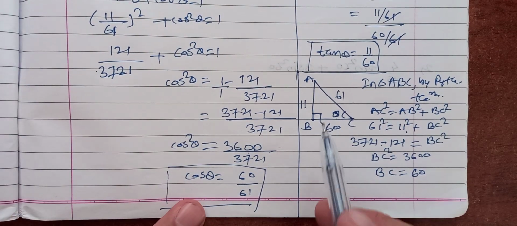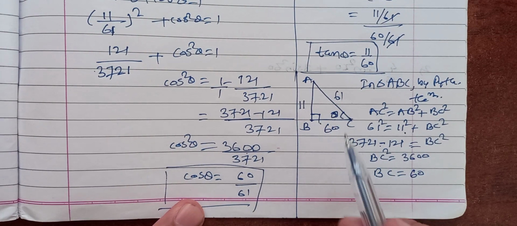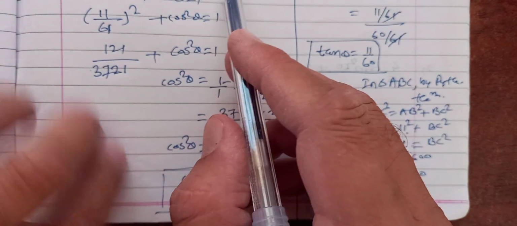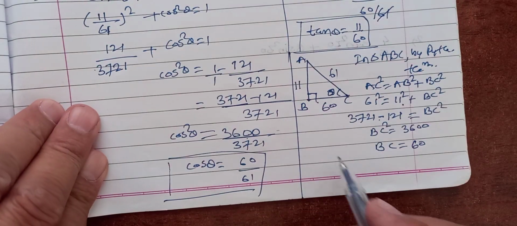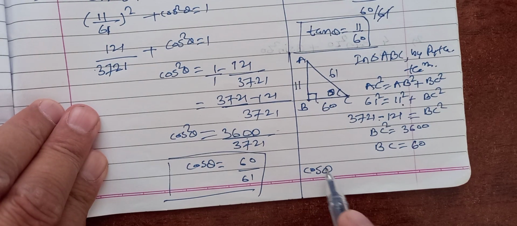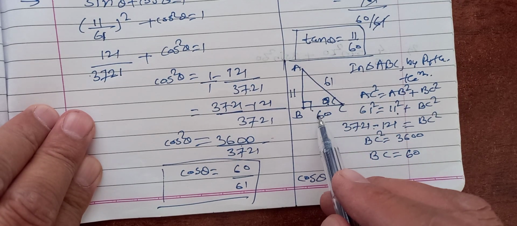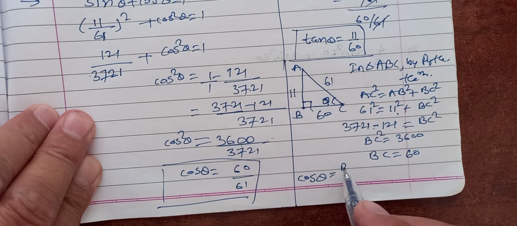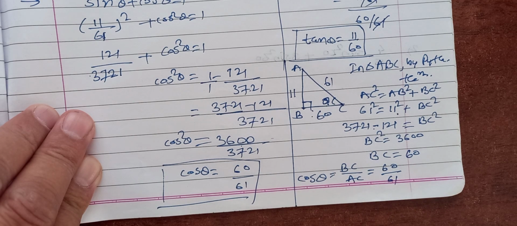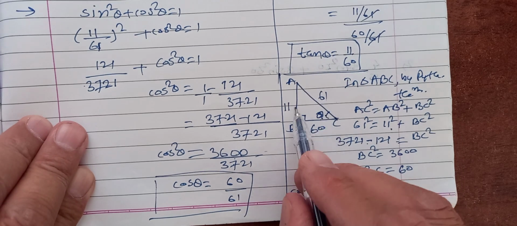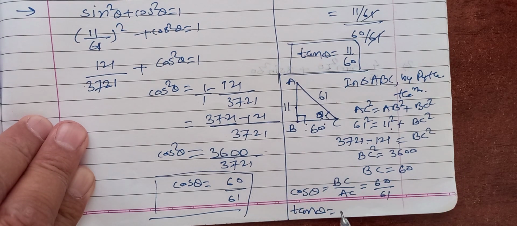So easily we can find any ratio from this triangle. Now we want what? Cos theta and tan theta. So using this, to find cos theta means adjacent upon hypotenuse, BC upon AC. What is BC? 60 upon 61. Easily you will get. Then tan theta means opposite upon adjacent, means AB upon BC.